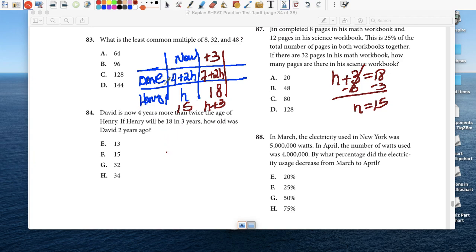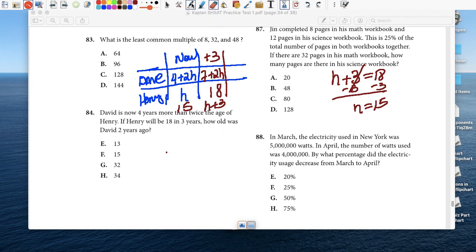And I can use that to solve, to find out what Dave is. So Dave is going to be 4 plus 2h. Oh, sorry, I don't need to do that.